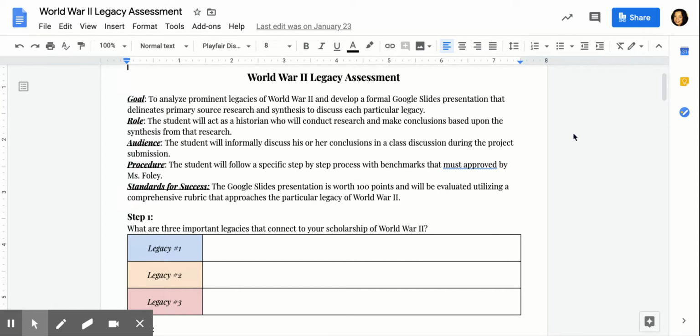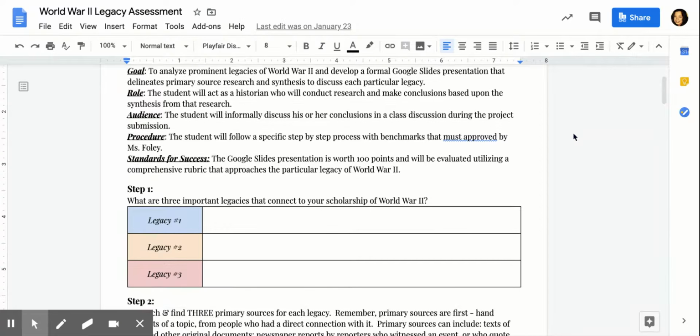How were the Germans able to do it? They might think of a specific battle, like the Battle of Iwo Jima, or a specific technology, like the atomic bomb, or a propaganda poster. So it really could be anything. It could be a person, a place, a battle, anything that you remember when you think of World War II.